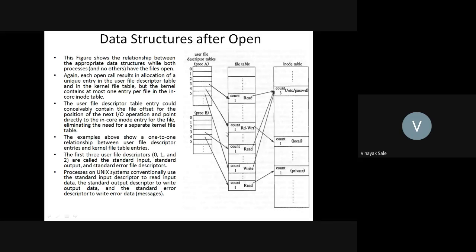The first three file descriptors, that is 0, 1 and 2, are called standard input, standard output and standard error file descriptors.